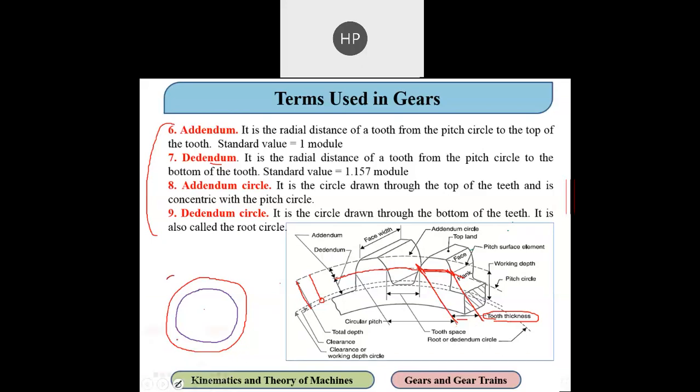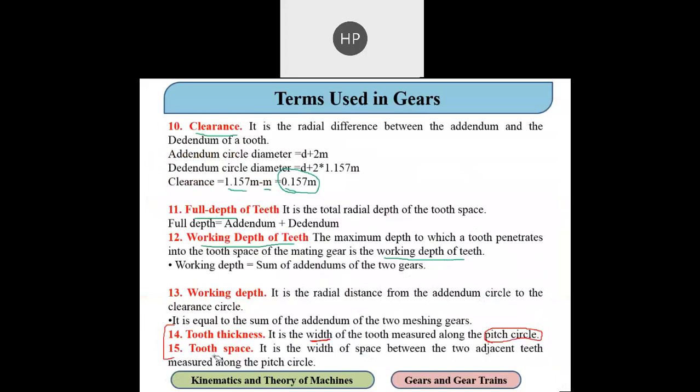Then the next definition is tooth space. It is the width of space between two adjacent teeth measured along the pitch circle. Again, it is the width of the space.